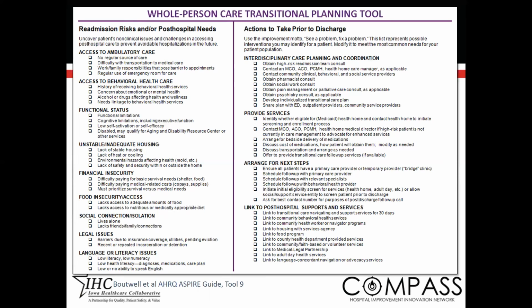Do they have work or family responsibilities that would pose barriers to daytime appointments? Are they in the habit of using the emergency room instead of primary care? So these are the questions that you can see as we adapt our work to focus on Medicaid or younger adults in addition to the Medicare population. We might want to ask or look for some of these issues.